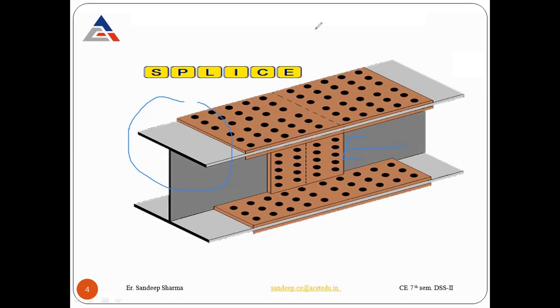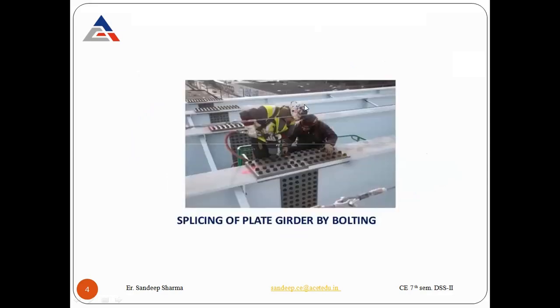We also have a picture of the splice work. Here you can see the plate girder which we are placing in between the two spans, and here you can see the splicing of the plate girder by bolting. This is called the splicing.